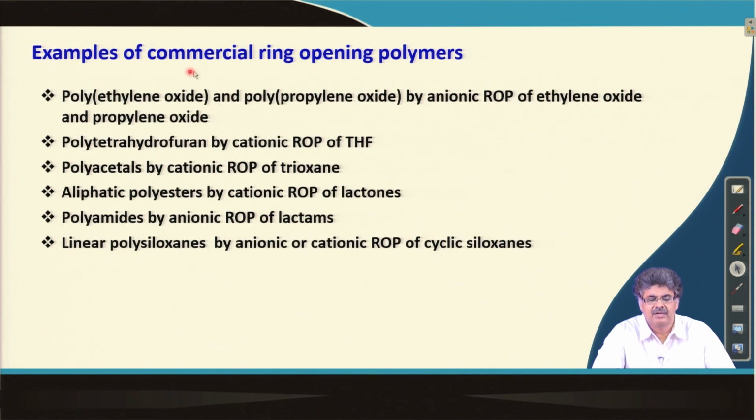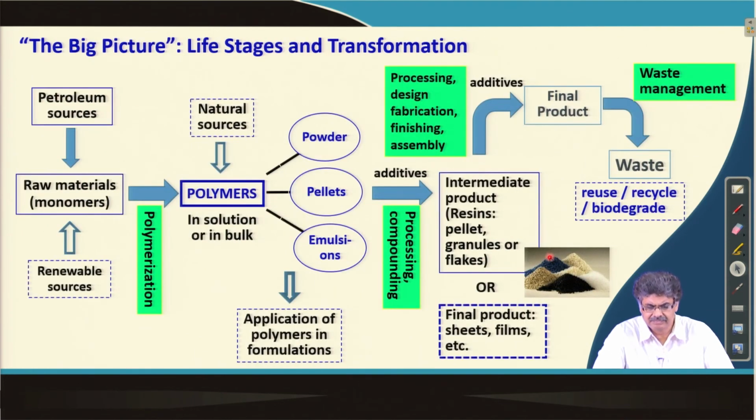Some of the commercial polymers prepared by ring opening polymerization are copolymers of polyethylene oxide and polypropylene oxide, by anionic copolymerization of ethylene oxide and propylene oxide, and some examples are also given below. This is just for your information, it is not to be remembered, because these are all available in the literature. So, this is the slide we showed in the introductory part.